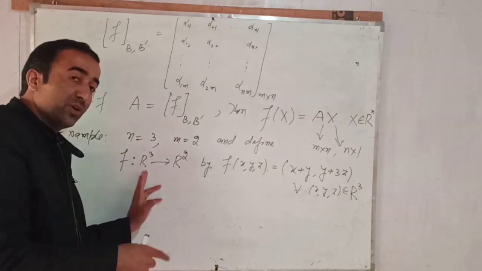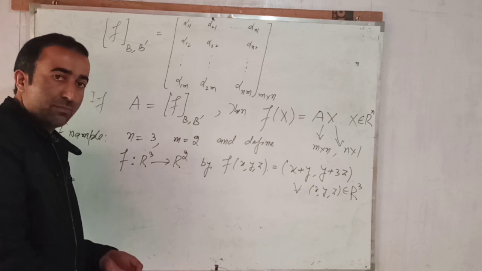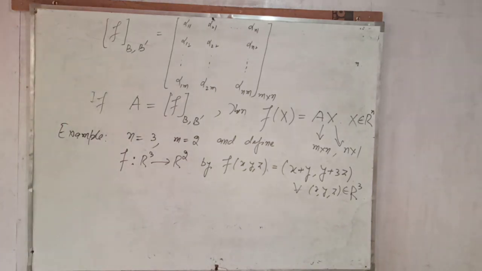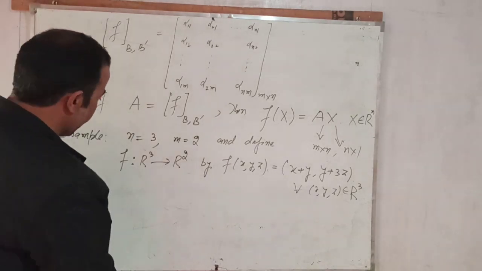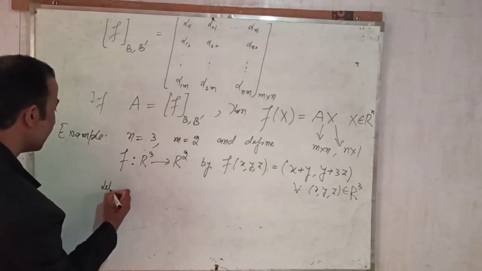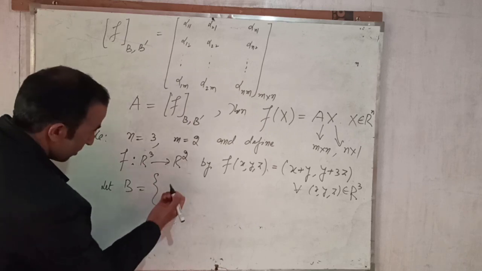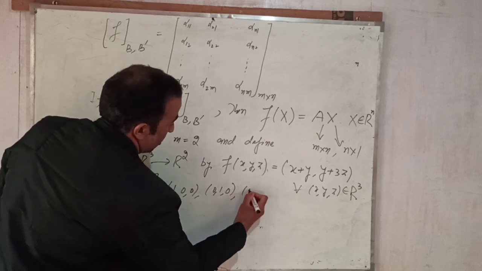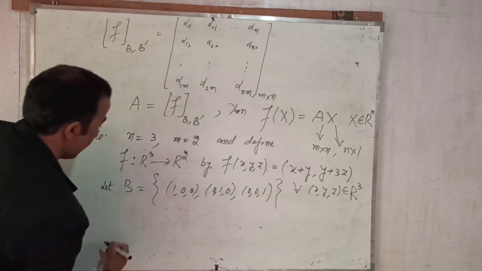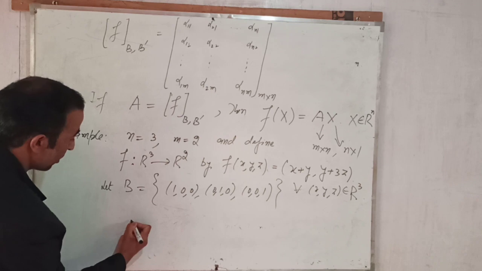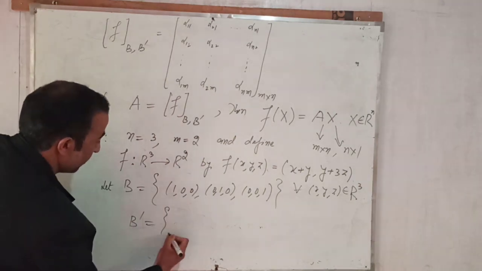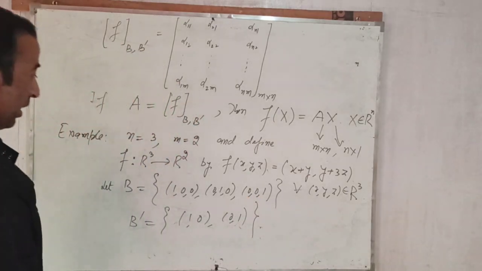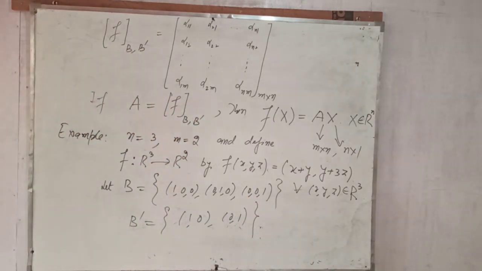For general bases you can go to the linear algebra course, where you can see how we change the basis and get the corresponding matrices. So I will choose here the basis for R3. Let B for R3 be the standard basis, that will be 1 0 0, 0 1 0, 0 0 1, and for R2, B dash will be 1 0 and 0 1. These are precisely the columns of the identity matrices in the corresponding spaces.